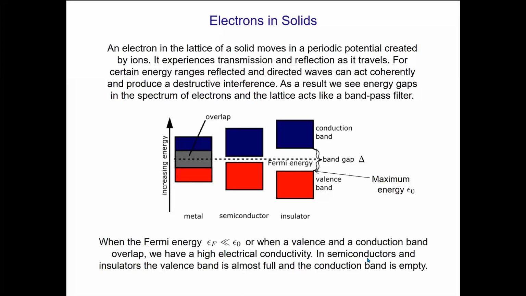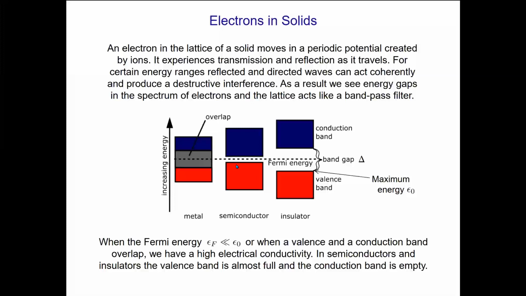Now, in semiconductors and insulators, the valence band is almost full. And so because all electrons are basically sitting below the Fermi energy, they cannot move to the conduction band here. But for semiconductors, the gap between valence and conduction band is very small, okay?